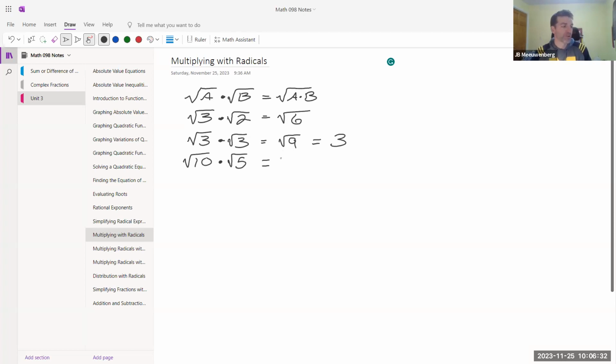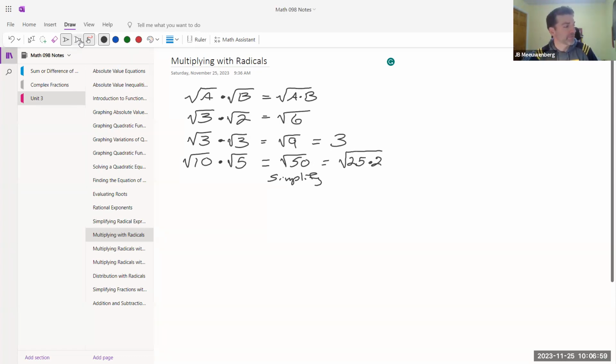We'll start just by multiplying these two things, and 10 times 5 is 50. But then we always want to simplify if possible. As we've learned previously, we split 50 up into two factors, one of which is the biggest possible perfect square. So we think about the square root of 50 as the square root of 25 times 2.